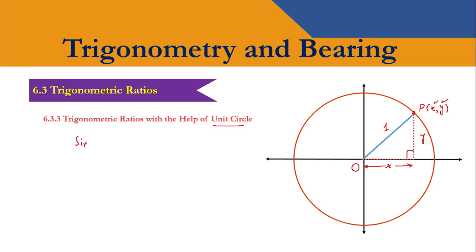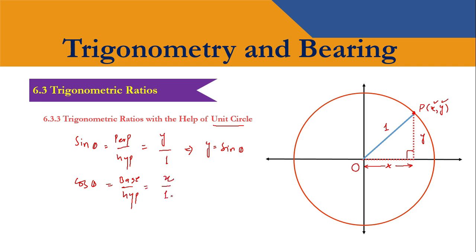As we defined, sine theta is equal to perpendicular divided by hypotenuse. So here the perpendicular is equal to y and the hypotenuse is equal to 1. So that implies y is equal to sine of theta. Similarly, the trigonometric ratio cos theta is equal to base divided by hypotenuse, and the base is equal to x and the hypotenuse is equal to 1 unit.